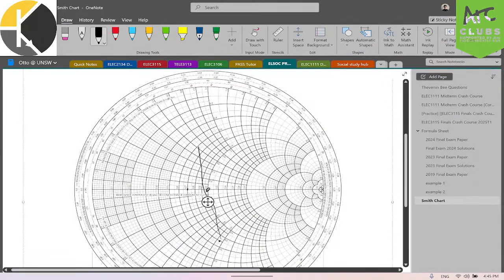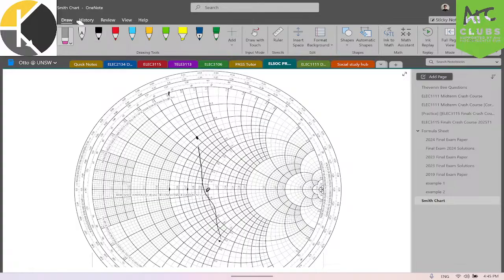The point is going to be roughly here. So you move this point across here to use the conductance circles effectively.